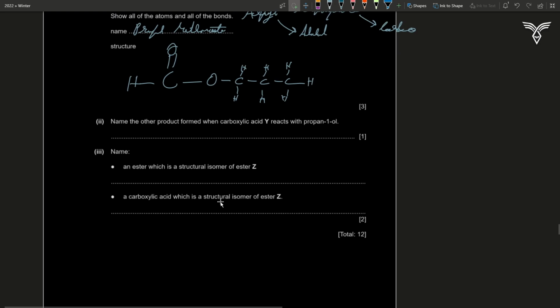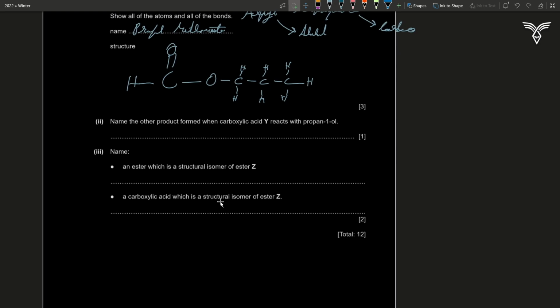Part 2. Name the other product formed when carboxylic acid Y reacts with propan 1-ol. طبعا احنا قلنا في الأول إن water is eliminated the other product formed is water. ماشي.